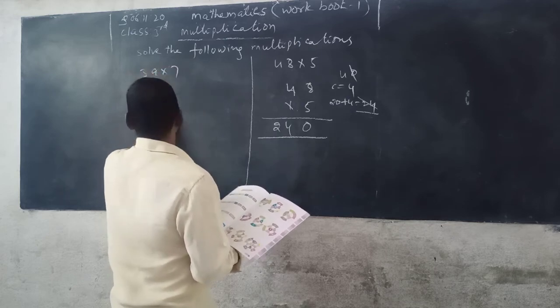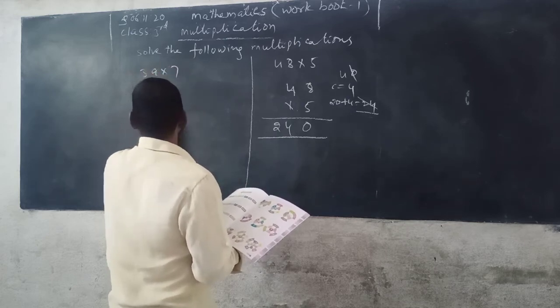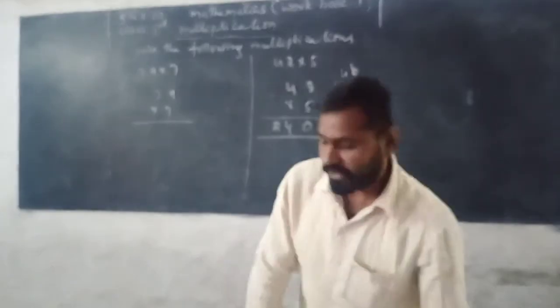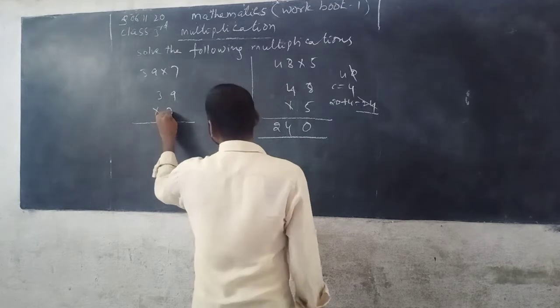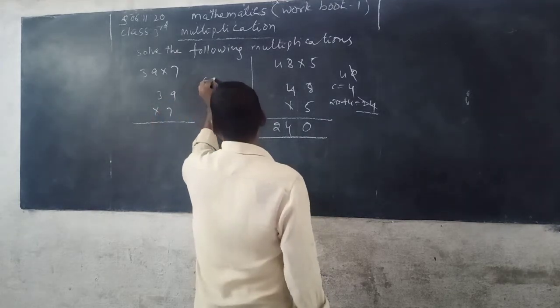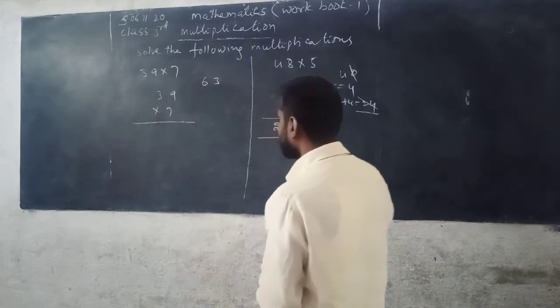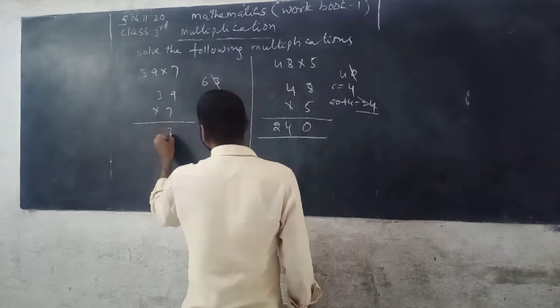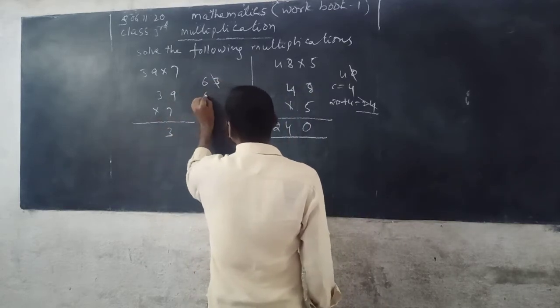Now next one is 39 into 7, beta. First we will multiply the digits in ones place, that is 9 with 7. You can read 7 table. 7 9s are 63. In it, 3 is taken and written down in ones column of the product and carrying 6.